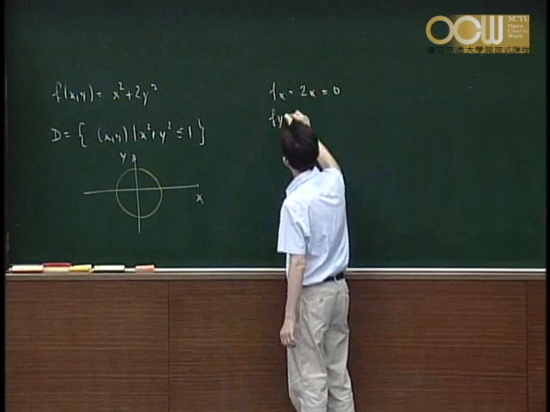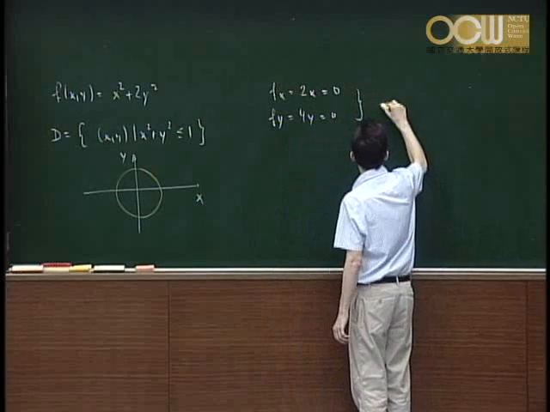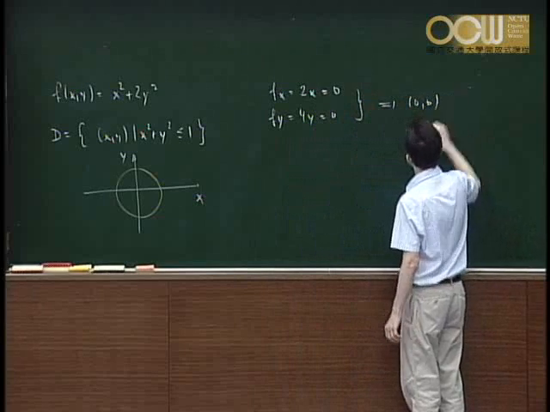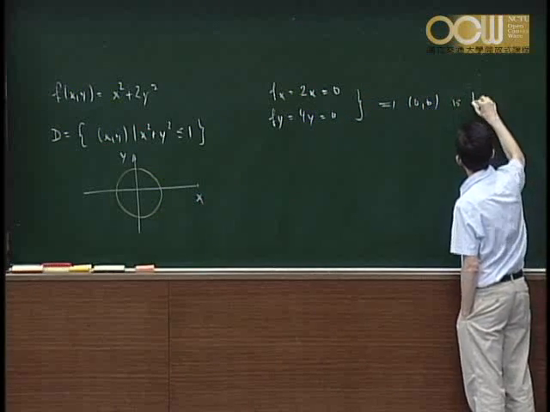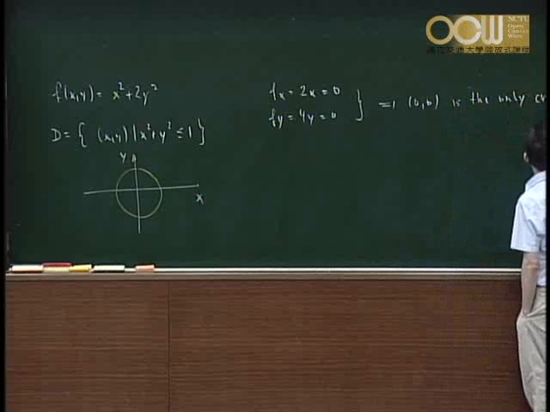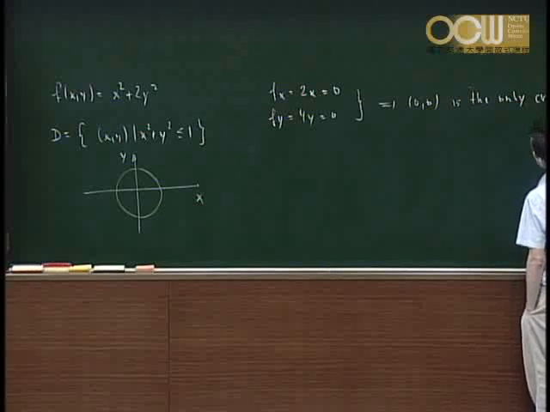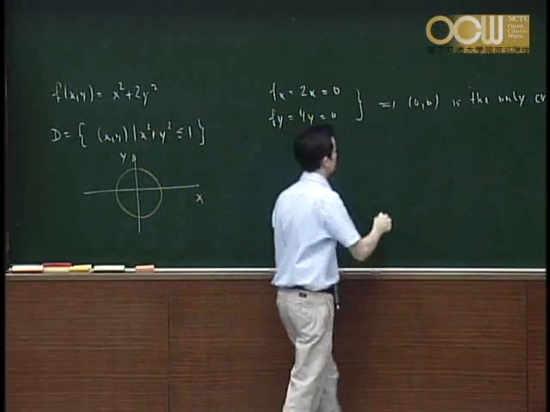The derivative with respect to y is 4y. So we see from this there is only one point, (0, 0), the only critical point. This point is also inside our domain, so we have to consider it.